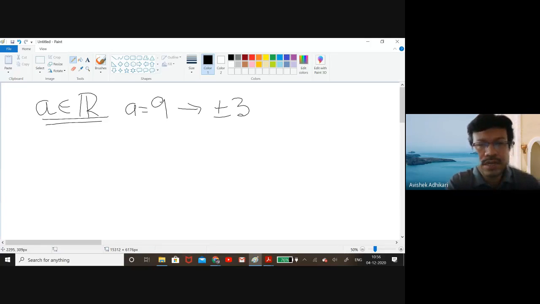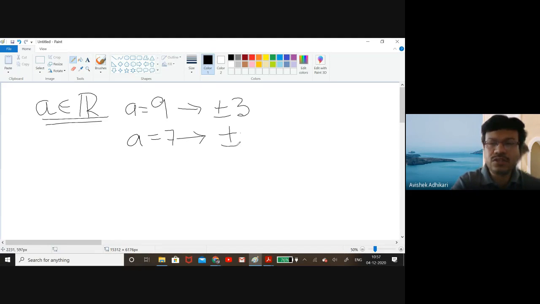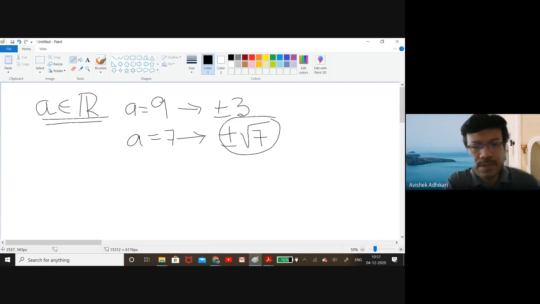But if I give you a equal to 7, and I ask you the same question, can you find the square root of 7 as a real number? You will certainly say that any positive real number must have a square root, exactly two square roots, that is plus minus root 7, and that number is a real number.